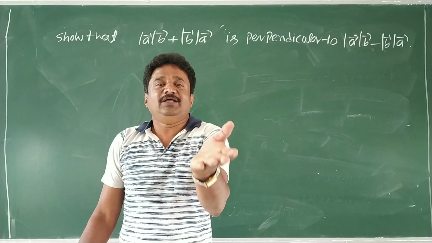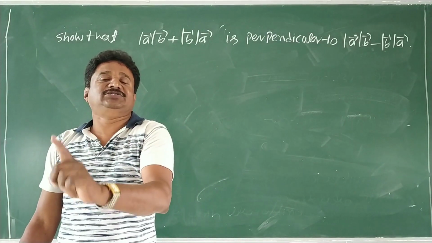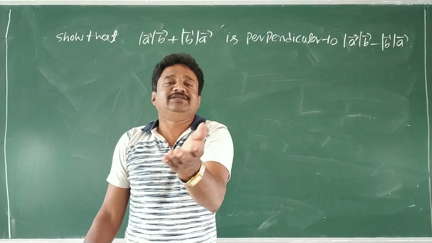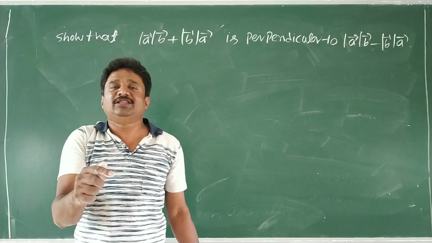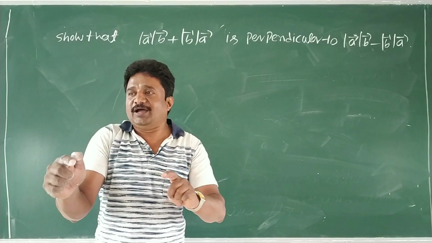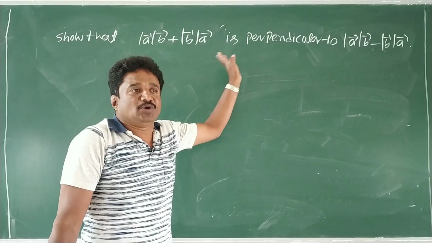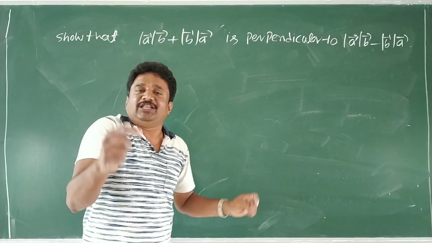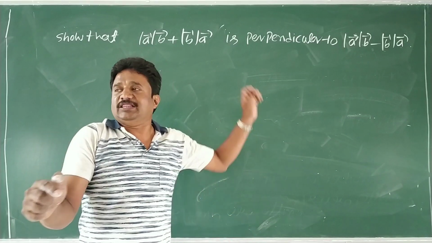The dot product is 0. If the dot product of two vectors is 0, we say the vectors are perpendicular. Now let's go for finding the dot product of these two.